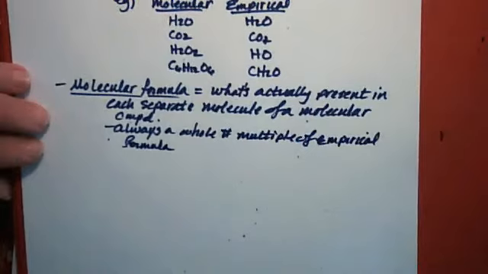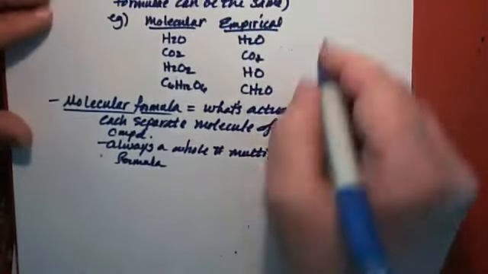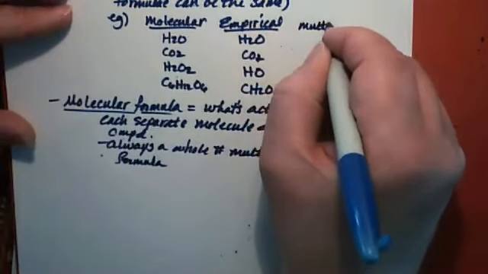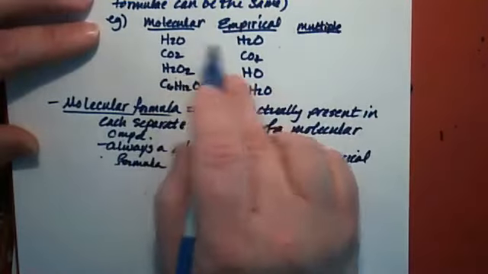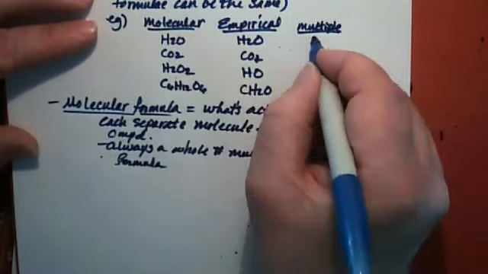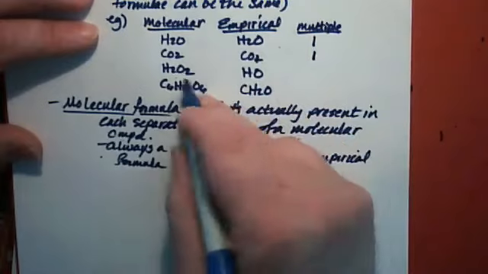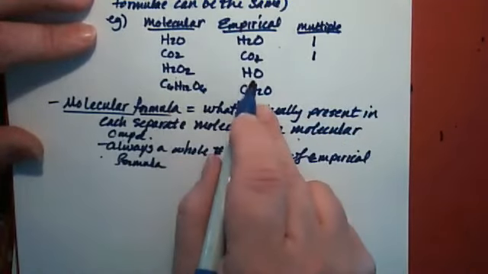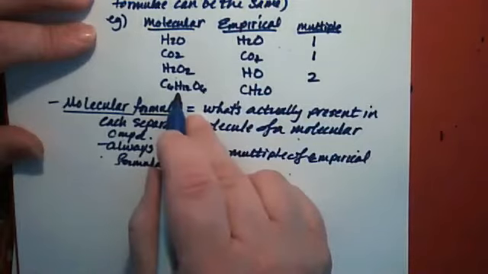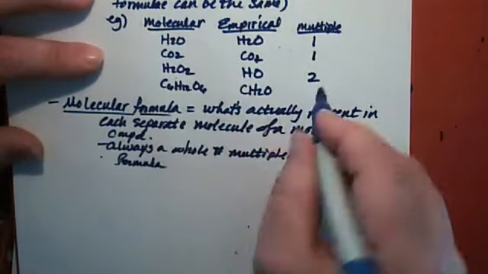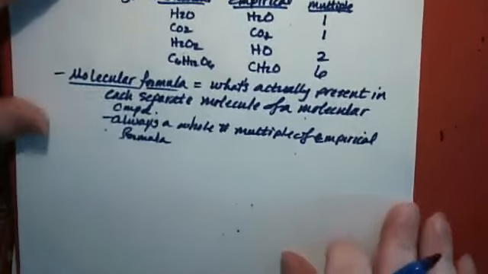And keep in mind that the molecular formula is always a whole number multiple of the empirical formula. In fact, up here, we could even list the multiples. In a case where the molecular and empirical formulas are the same, of course, that means that the multiple is 1. But in this case, the molecular formula is twice the empirical formula. And in this case, the molecular formula is actually 6 times the empirical formula. But they're all whole numbers.